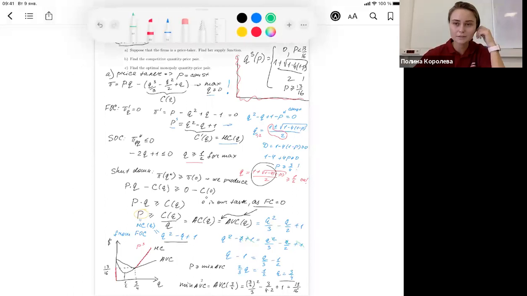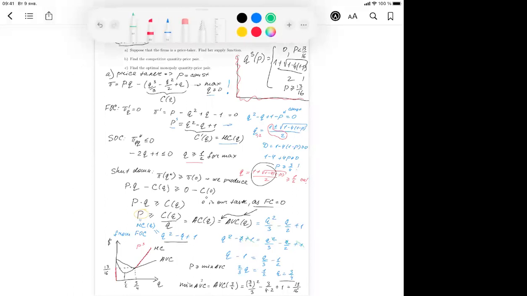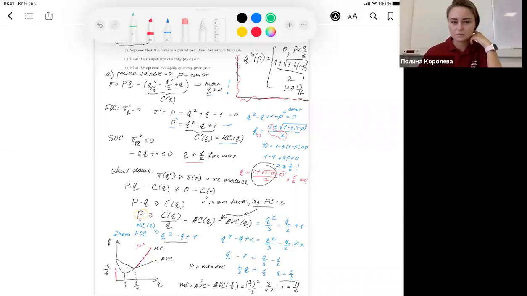What if our cost was a number, for example, 2, then our average variable cost wouldn't be equal to average cost, right? I didn't hear what you said. Please, one more time. You can say it in Russian for better understanding.